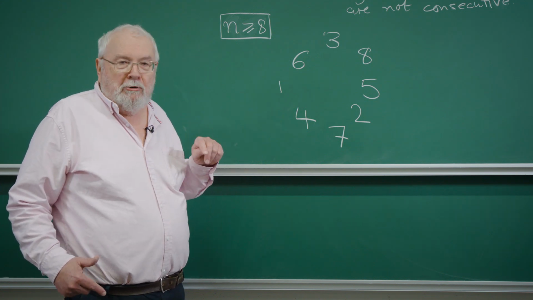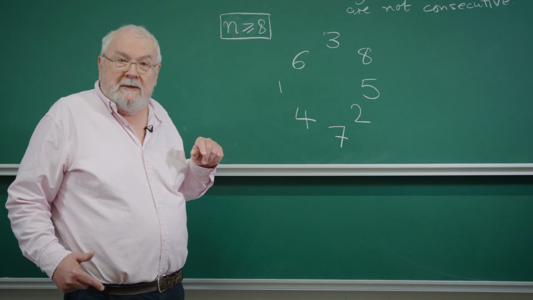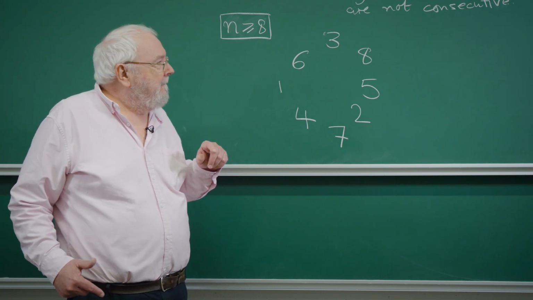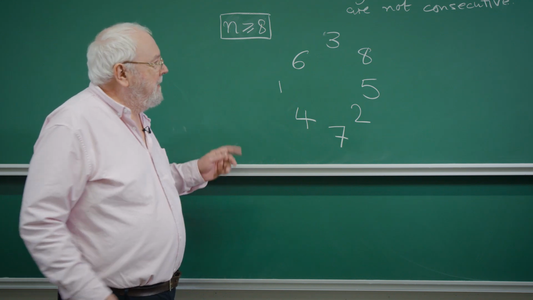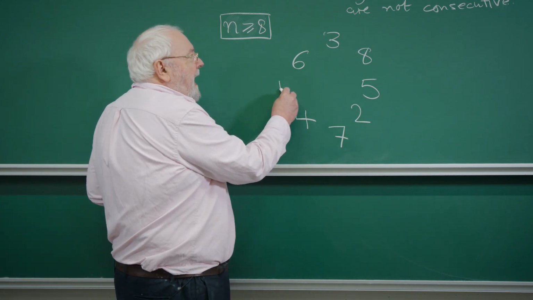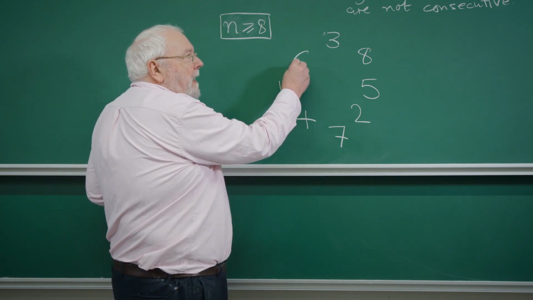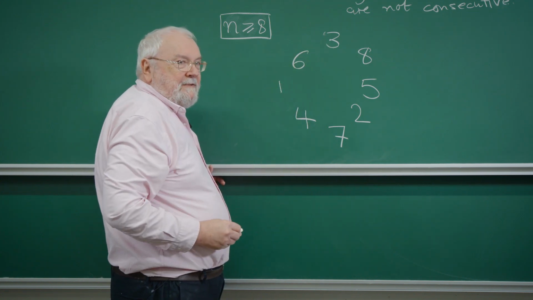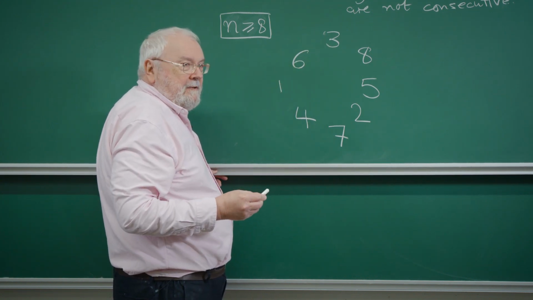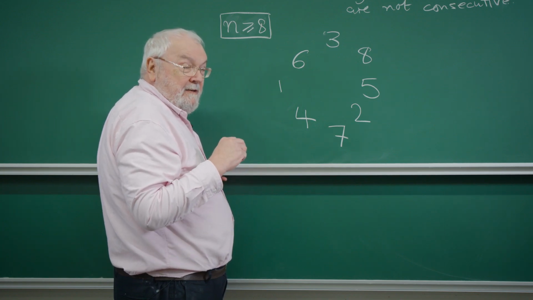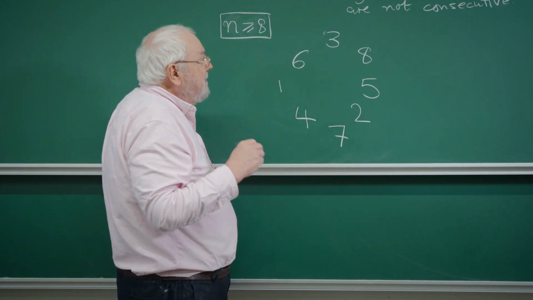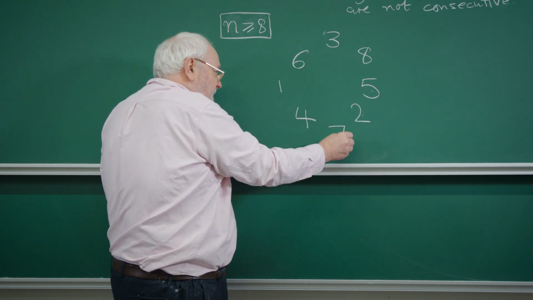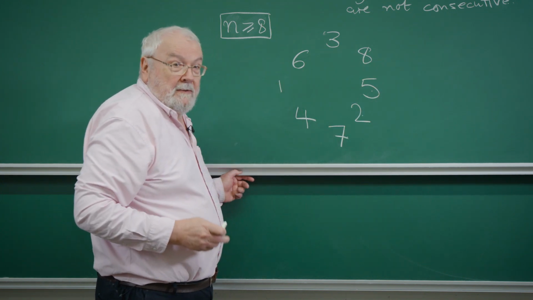We can play clock arithmetic here, but not with 12 hours in the day, with 8 hours in the day. So look at the pattern. 1, add 5, add 5. You see 6 plus 5 is 11, which is 3, because it's 3 more than 8. Plus 5, plus 5, plus 5, plus 5, plus 5, and so on.